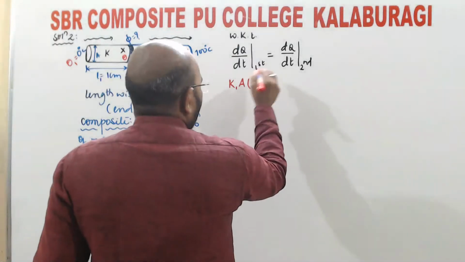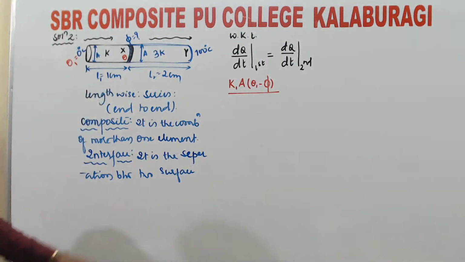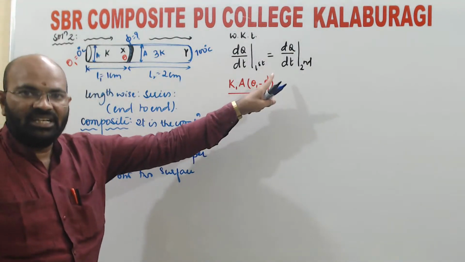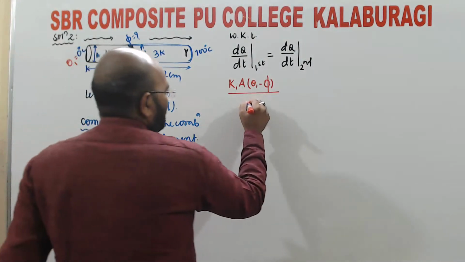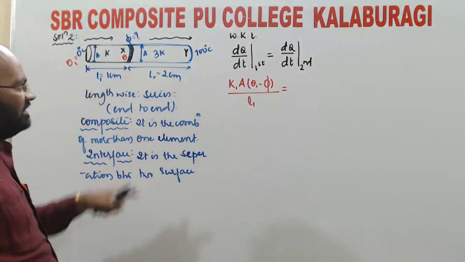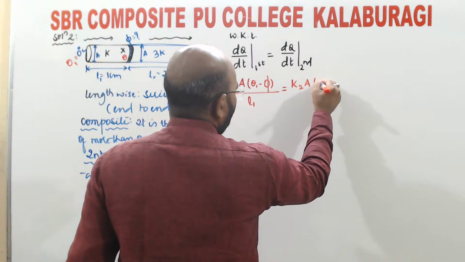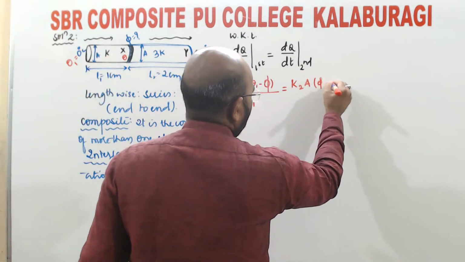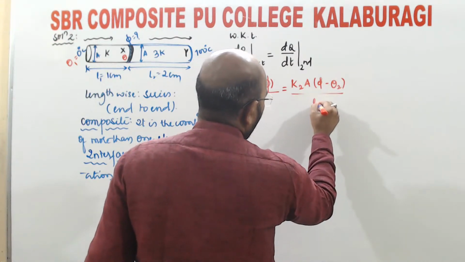So for the first metal rod, it is K1 A into theta 1 minus phi, whole divided by the corresponding length L1. And for the second one, we write K2 A into, the junction temperature, phi minus theta 2, whole divided by L2.